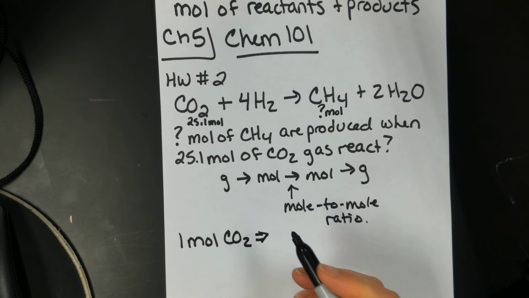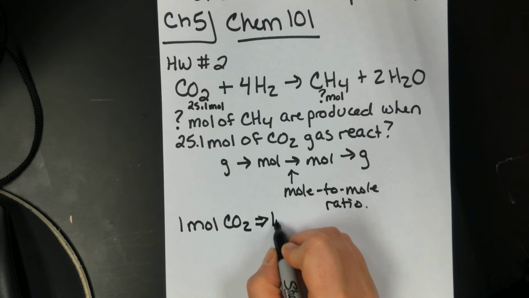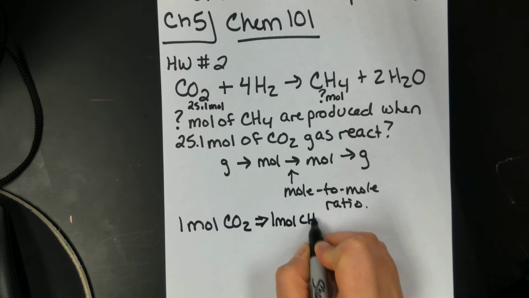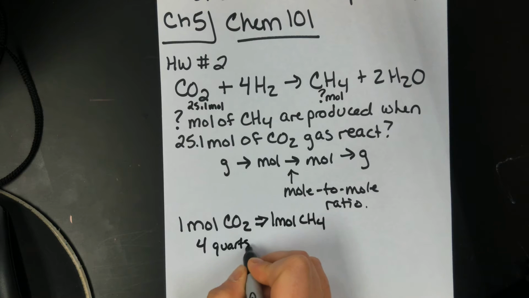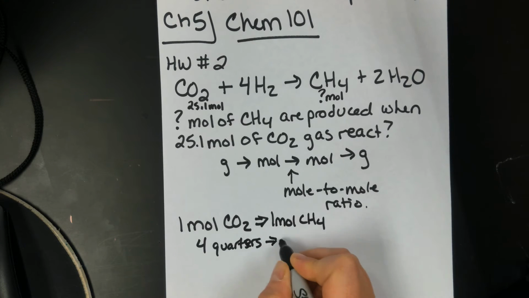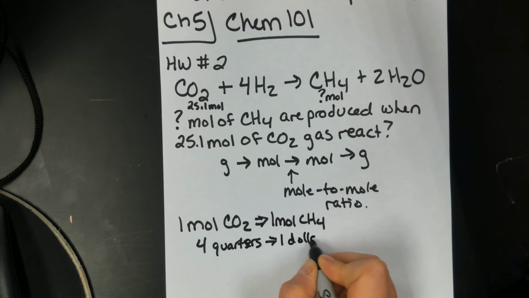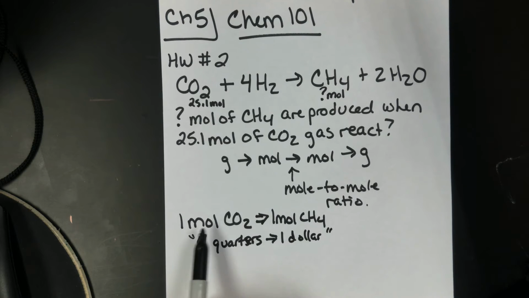You could write this any way, you could write it with words. That's the same thing as saying 4 quarters will produce $1, right? So don't be hung up on what the word mole is. It's just telling you this amount.